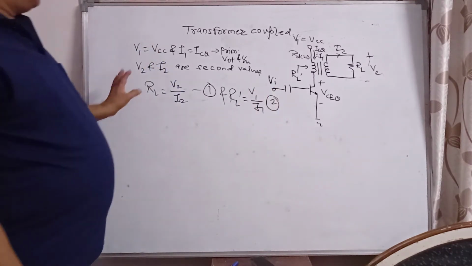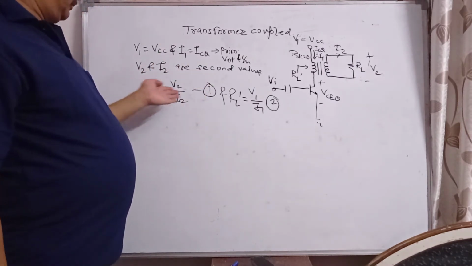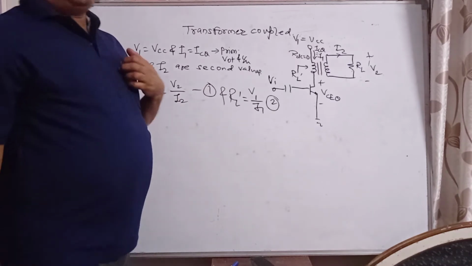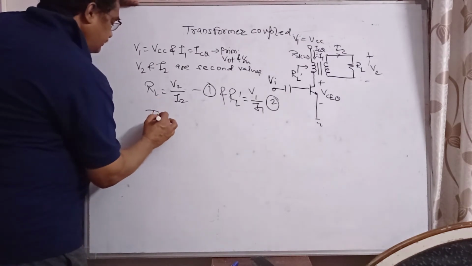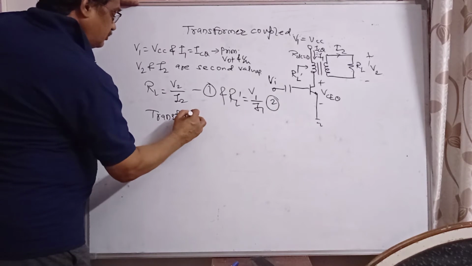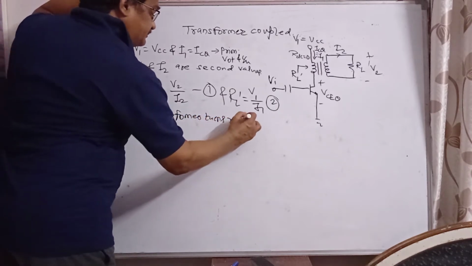So we have to derive the relation between RL and RL dash. Now you might have studied the transformer turns relation.